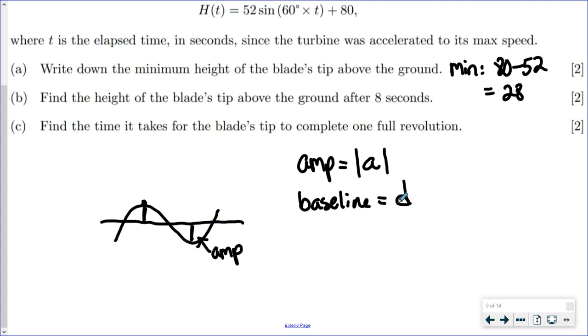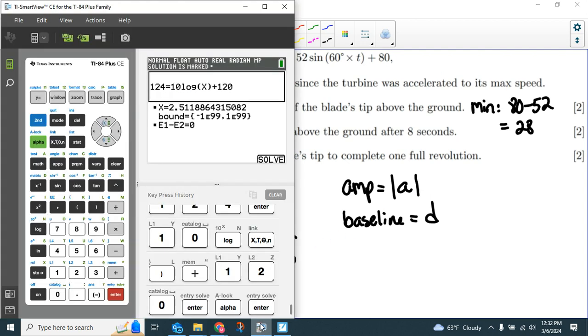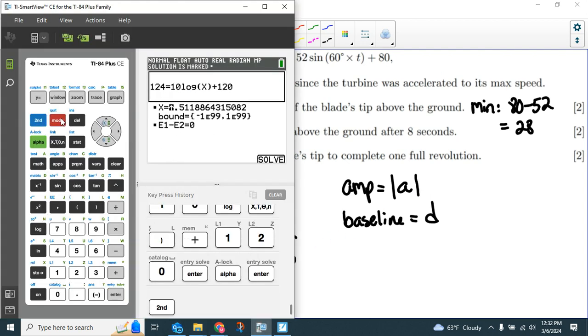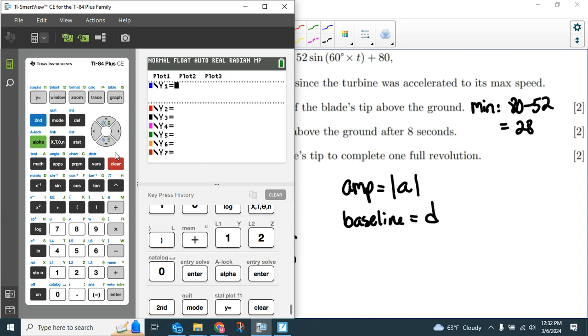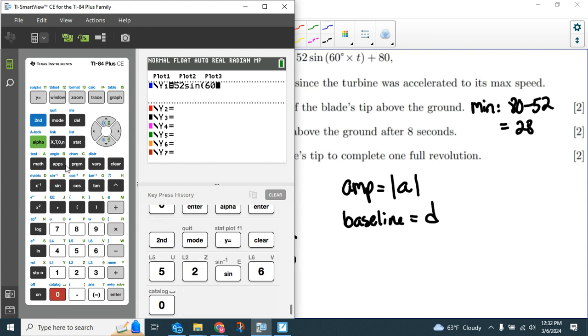Now, this stuff isn't given to you in your formula sheet, the formulas for amplitude, baseline, period, that kind of stuff. So if you don't remember them, another way to do it is, of course, the calculator. We can graph this thing. So 52 times the sine of 60x, all plus 80.